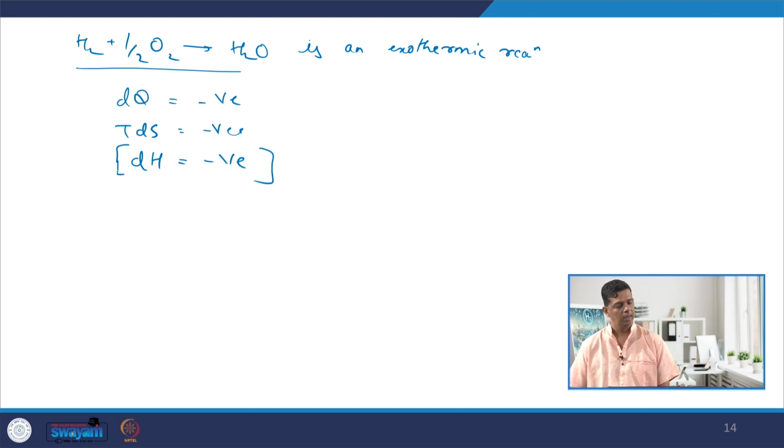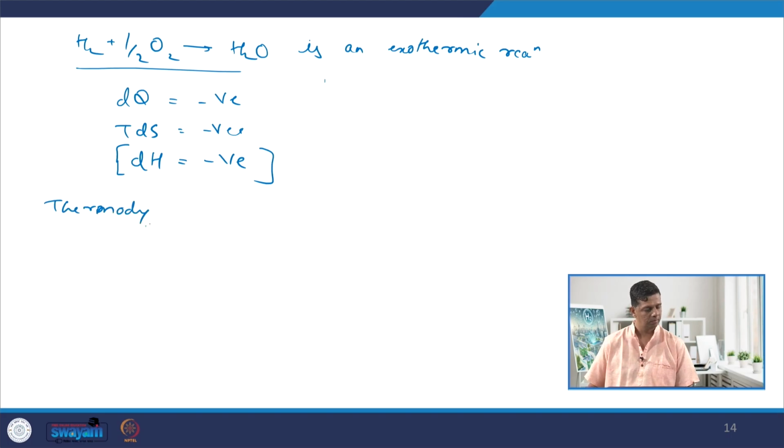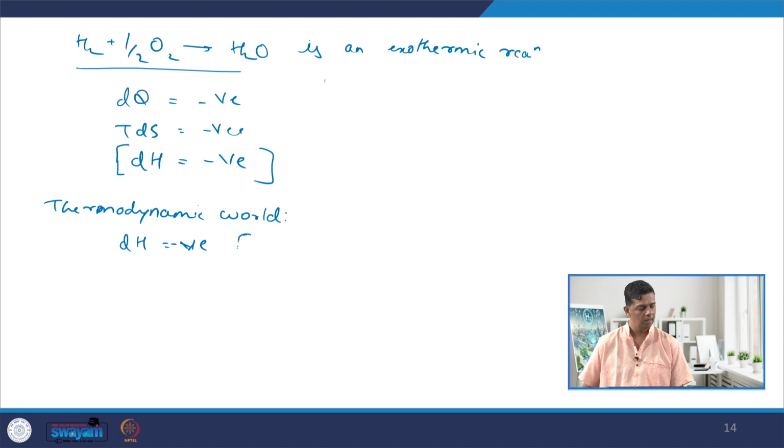What does it imply? It implies that in the thermodynamic world, when enthalpy is negative, it means it is an exothermic reaction, which is what is happening with our case.